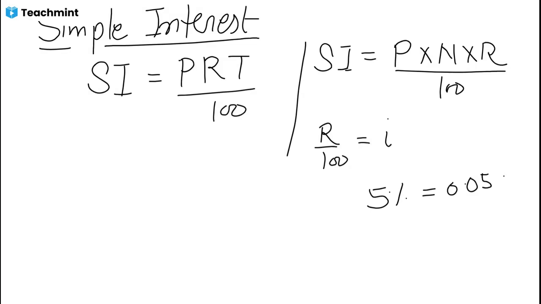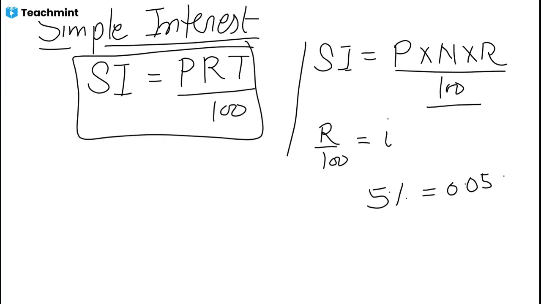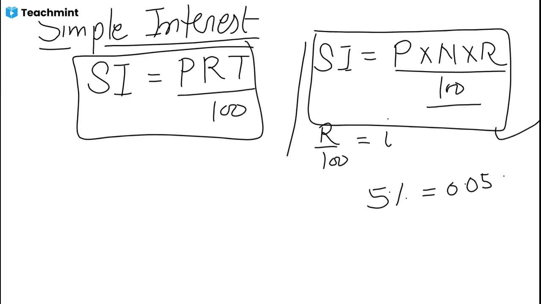No, can you explain again? Yeah, I'm saying that we have percent, R is percent, and over 100 we have in the formula. You can use any formula. This is of your book and this is mine.